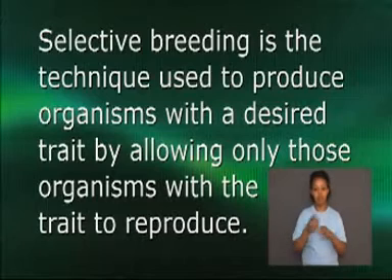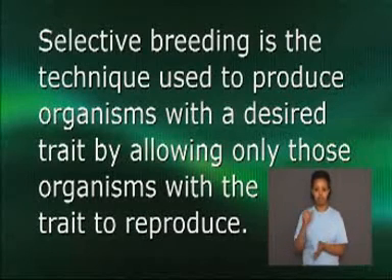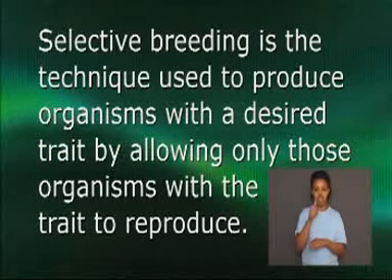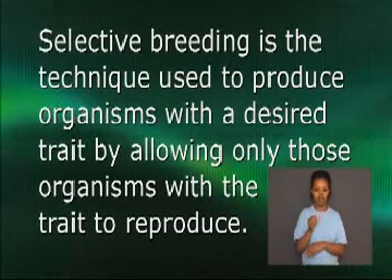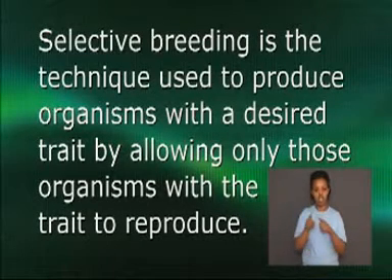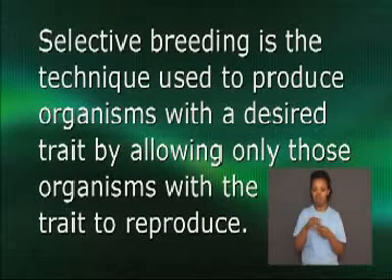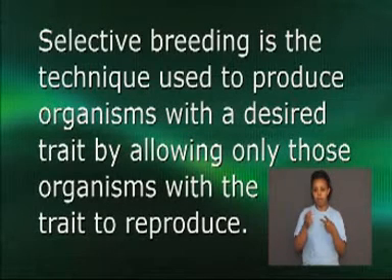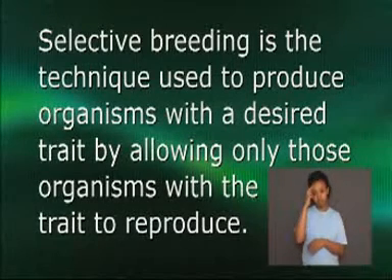For example, dogs can be selectively bred for their temperament and a variety of appearance traits. Cows that provide us with meat can be selectively bred for muscle mass, and those that provide us with milk can be selectively bred for increased milk production.